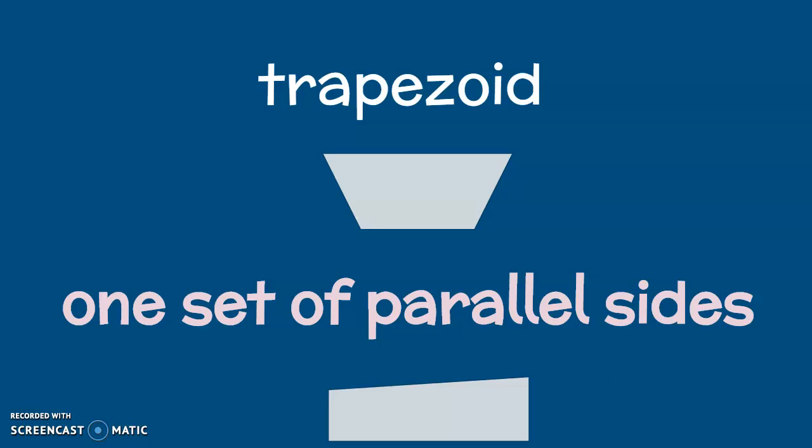He is not like the other four because the definition of a trapezoid is that it only has one set of parallel sides, where all the other four had to have two sets or two pairs of parallel lines. So a trapezoid is by itself.